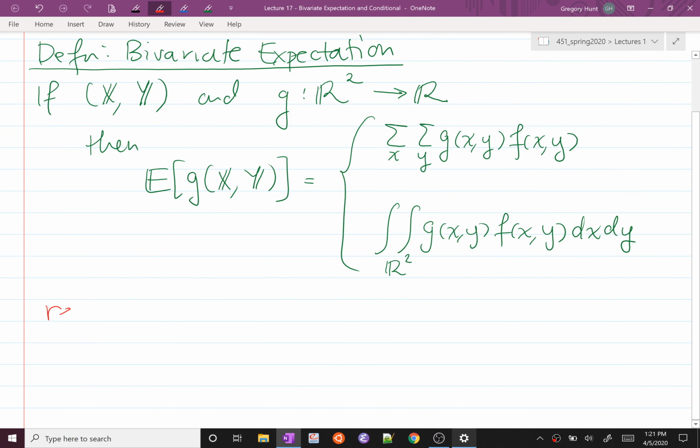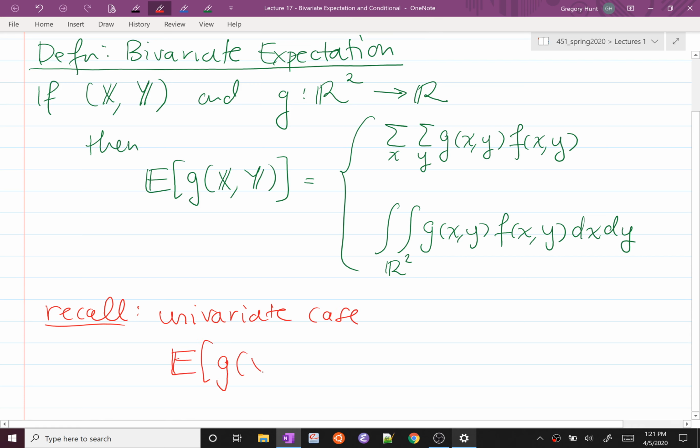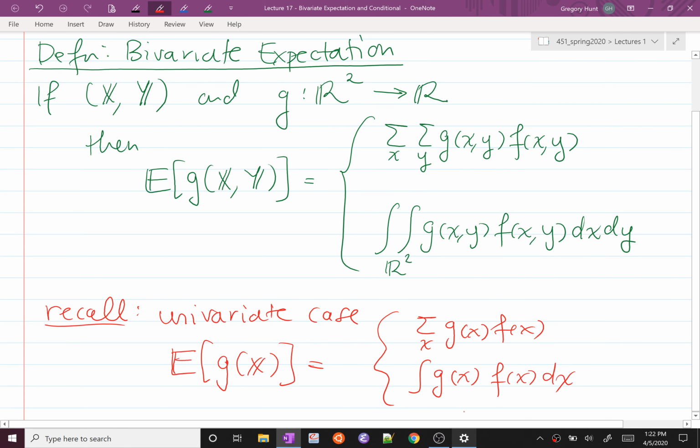So recall that in the univariate case, if we looked at the expected value of g of x, this was, in the discrete case, a sum over x of g of x, f of x, and in the continuous case, it was the integral of g of x, f of x, dx, right?